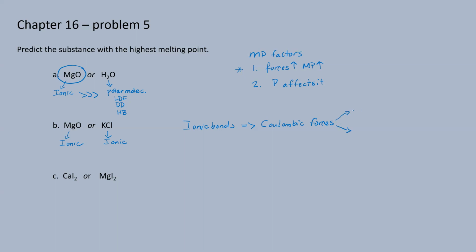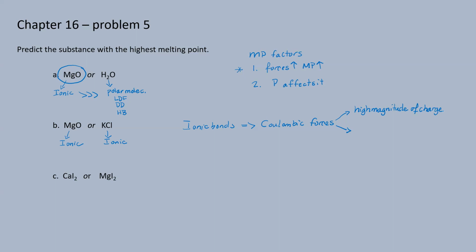One is the magnitude of the charge. So you want to have a high magnitude of charge. And you want the ions to get as close to each other as possible.